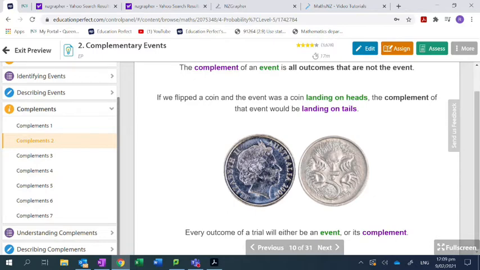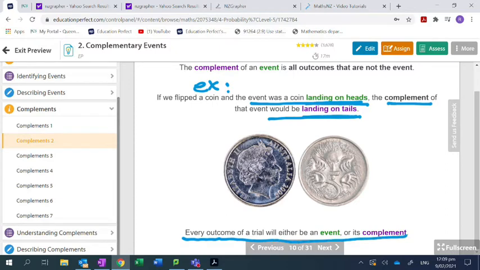Well, what's a not heads? Landing on tails, right? So, this is an example that you can write down. If the event is landing on heads, the complement would be landing on tails. So there's your example. So if you think about it, every outcome, so this will be in your notes, not an example, but in your notes you should write this. Every outcome of a trial will be either the event or its complement.